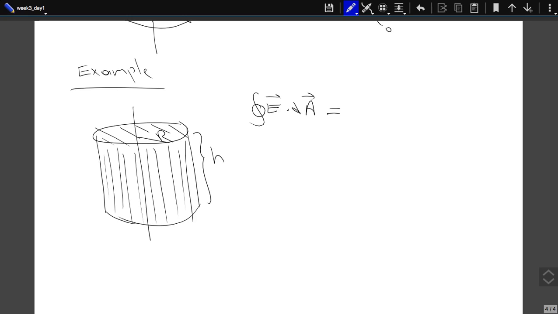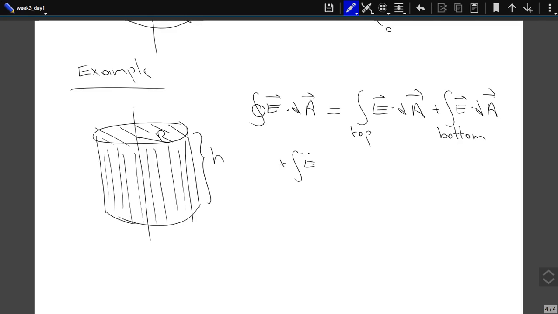I can group them, sum them separately, and then take the total sum. So this integral is E dot dA summed over the patches on the top of the cylinder, plus E dot dA summed over the patches at the bottom of the cylinder, plus E dot dA from the sides of the cylinder.